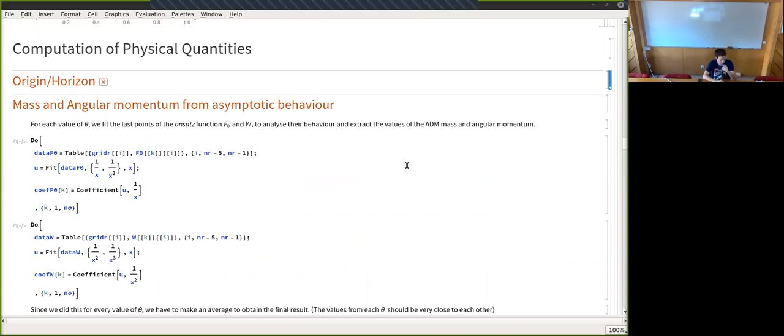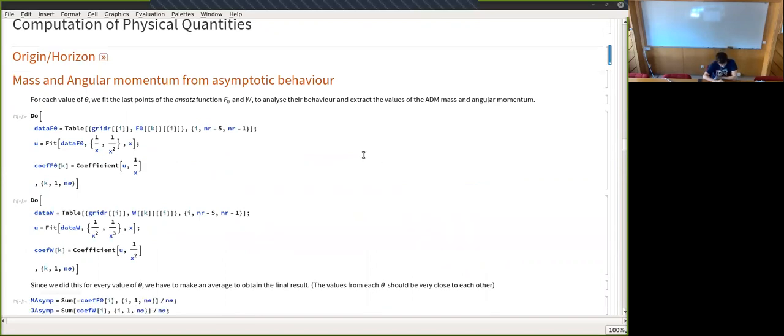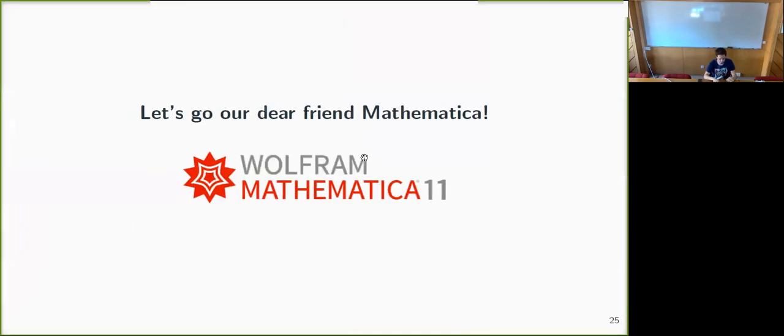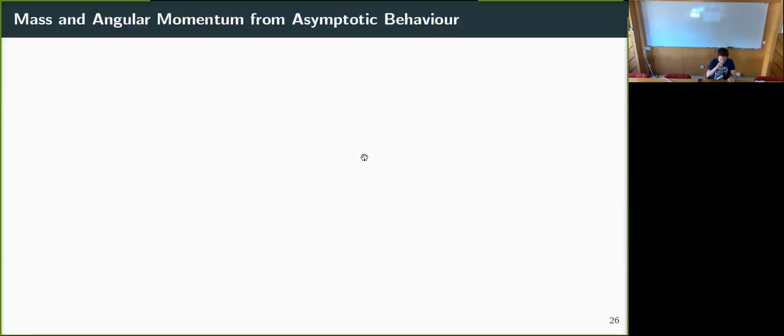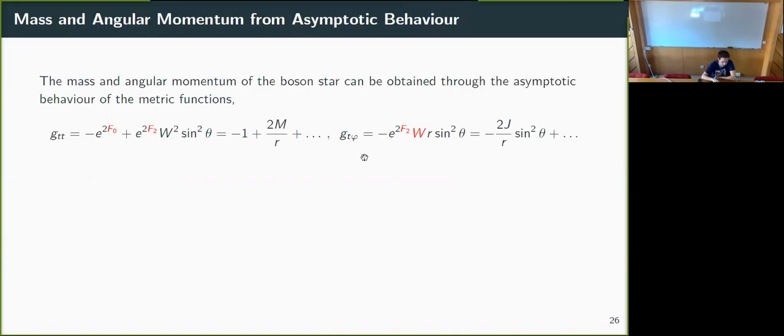But I left it here, so if you someday obtain a black hole solution, you can use this to compute those. So for the mass, there are two ways to obtain the mass and the angular momentum of the boson star. The first one is from the asymptotic behavior. The asymptotic behavior of the two metric functions, the g_tt and the g_tphi, must go: the first one as -1 plus 2M over r, and the second one as -2J over r sine squared.